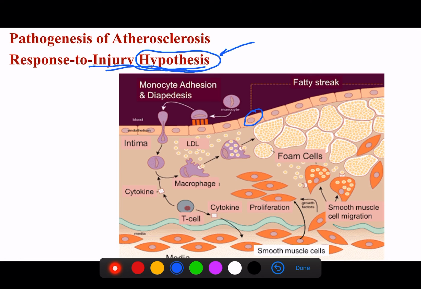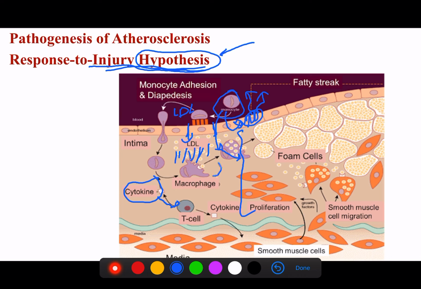When endothelial cells are injured by free radicals, toxins, drugs, etc., they will be damaged and release cytokines and other chemical mediators that will recruit monocytes to attach to the endothelial site, and these monocytes are transferred to the sub-endothelial site and become active, release cytokines, and recruit other immune cells. Also, damage to the endothelial barrier lets LDL travel from the lumen to the site of injury, the site of inflammation.